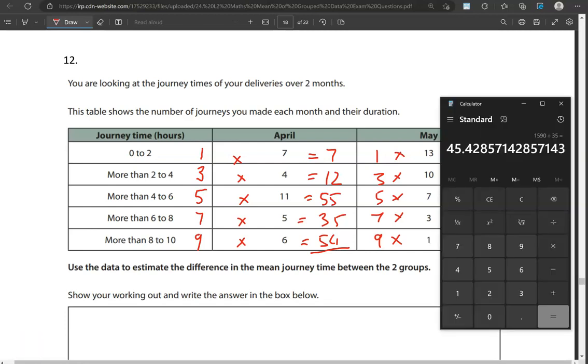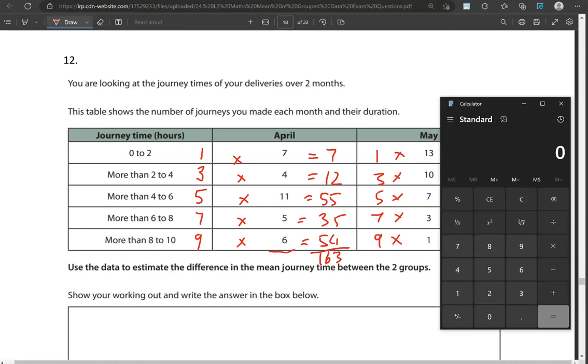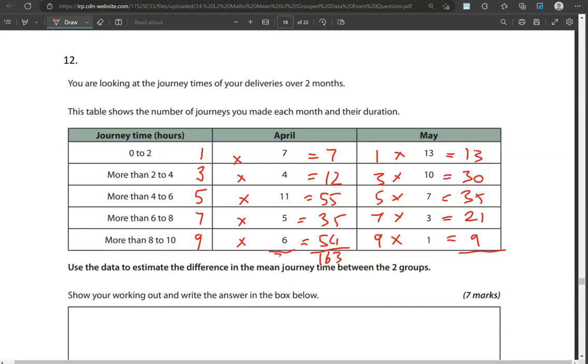So working out the total for April, 7 add 12 add 55 add 35 add 54 gives us 163. And we're going to divide that by the number of journeys. So 7 add 4 add 11 add 5 add 6 is 33.